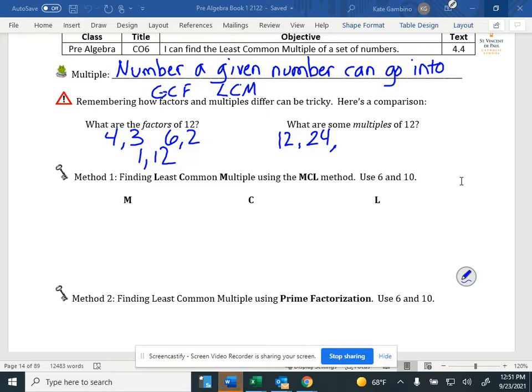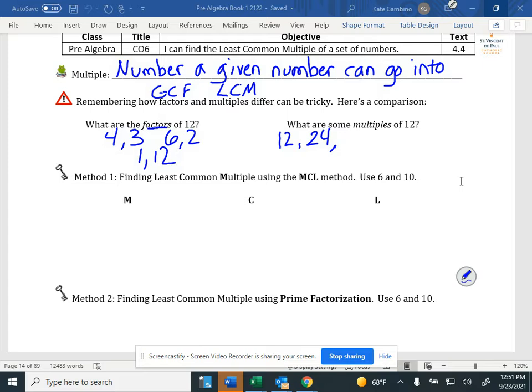So your first multiple is always going to be that number. What's another one? 6. Is 6 a multiple of 12? No. Can I multiply 12 by a number and get 6 for my answer? Try it again. 2. You're giving me factors. You're breaking it down, dividing it down. When we find multiples, we're getting bigger. So we multiplied by 1 and got 12.